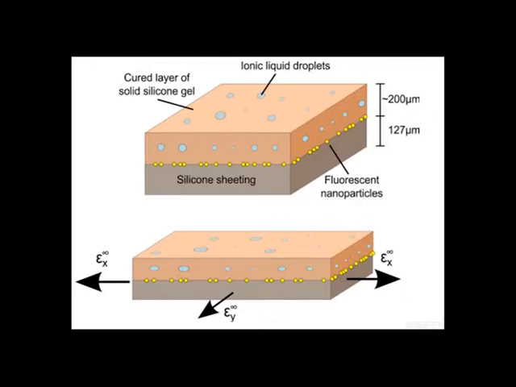Also, this silicone gel is glued perfectly onto the silicone sheeting, which will be loaded uniformly in one direction in this experiment. This experiment aims at obtaining the stiffness of this composite material and further explores how the presence of fluid-filled droplets changes the shear modulus of the composite material.